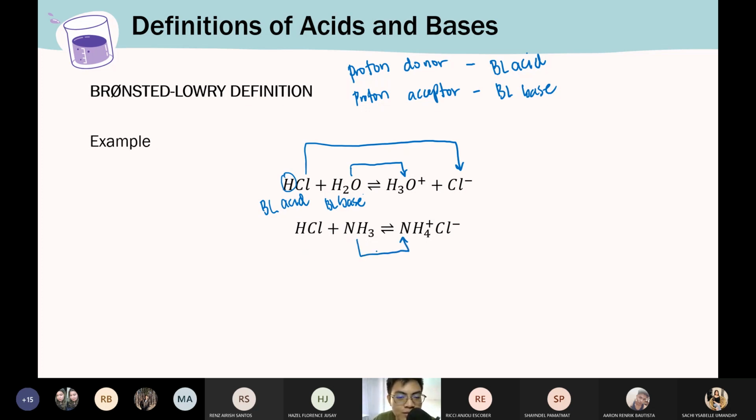Okay? So, mapapansin mo, yung HCl, idodonate niya yung H niya kay NH3 so that it will become NH4. No? So, ibig sabihin, since ammonia accepts the proton of the other molecule, siya pala yung base. Okay? So, siya yung Bronsted-Lowry base. Okay? And si HCl, as always, acid naman yan palagi.